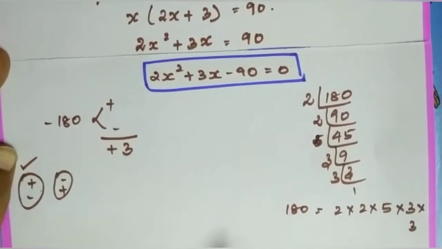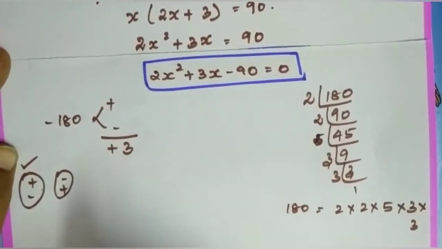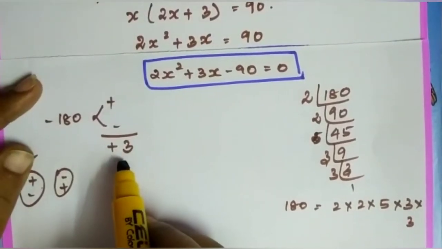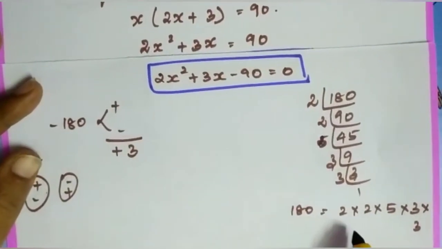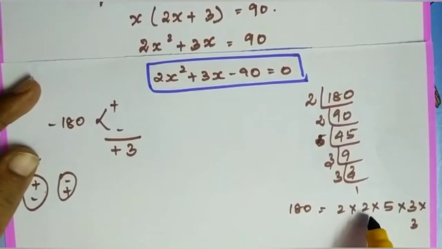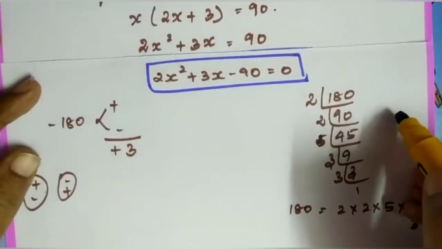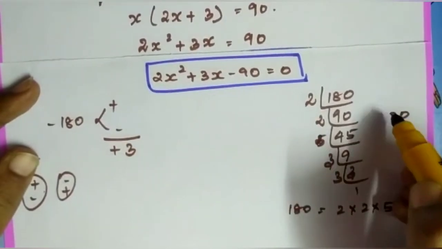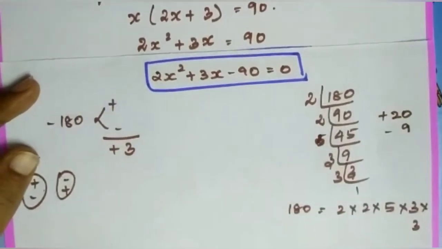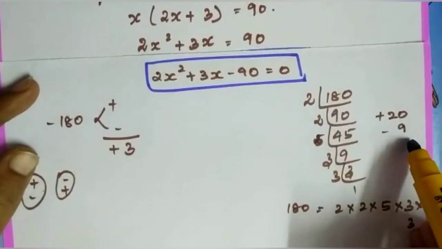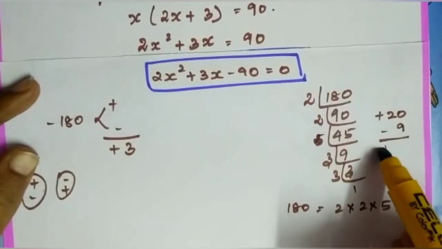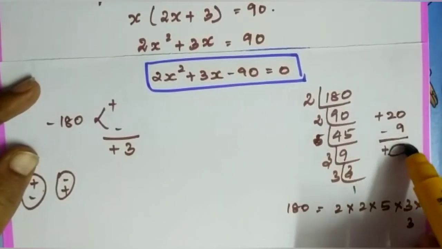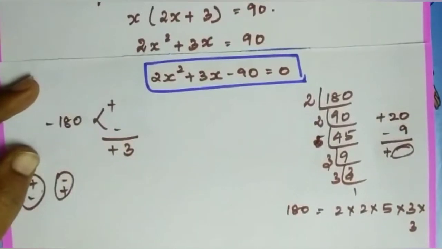How can we find the two numbers? You will get plus 3. 2 twos are 4, 4 fives are 20, 3 threes are 9. So one is positive and another one is negative. But if we subtract, we won't get 3, so we can't choose this one.